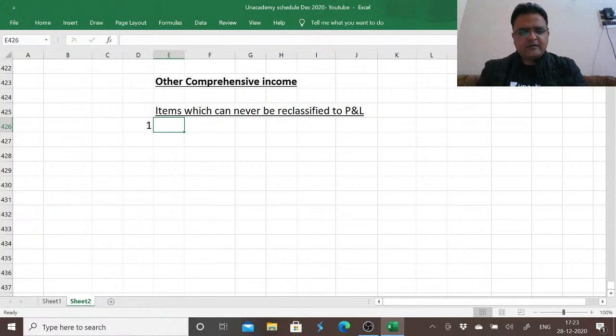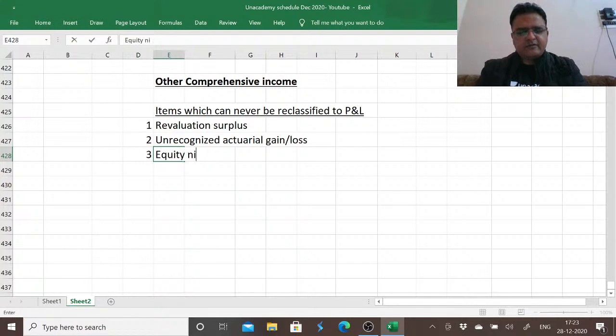They are revaluation surplus, unrecognized actuarial gain or loss, and third, equity instruments designated at fair value through OCI.